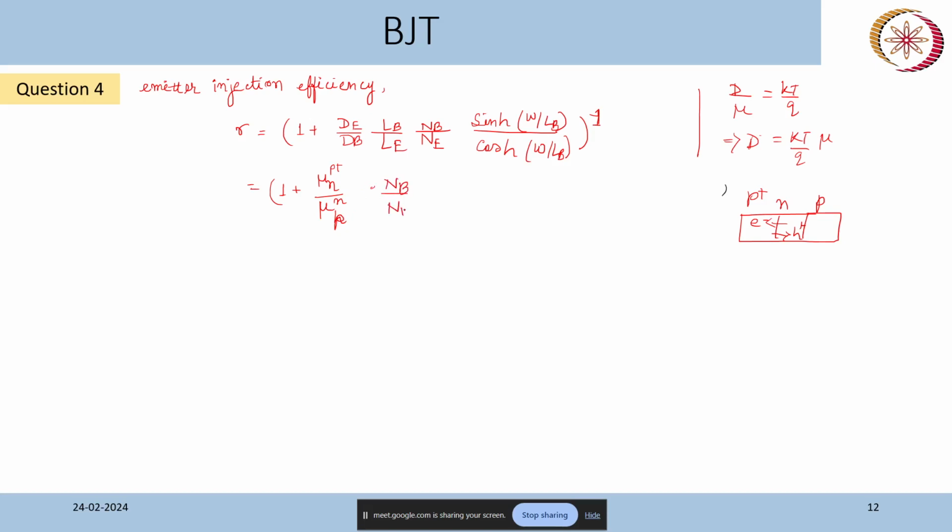Nb by Ne, this we can write as tanh of W by L. Let's consider the effective base width is approximately equal to the total base width. Now we have to simply put the values and calculate.